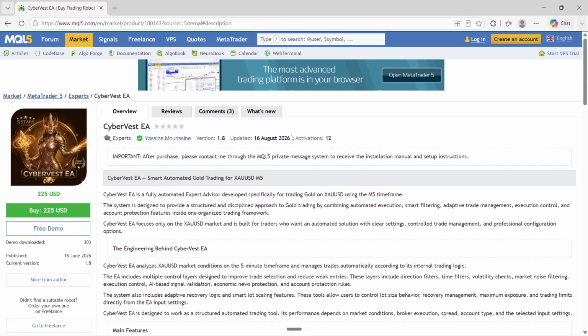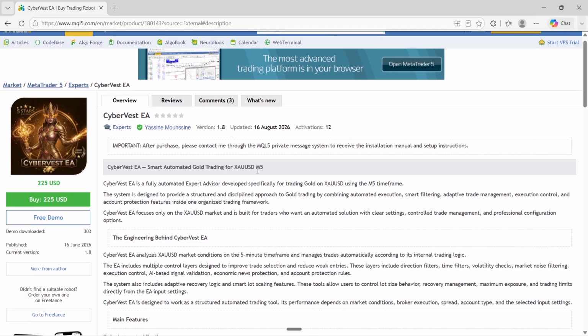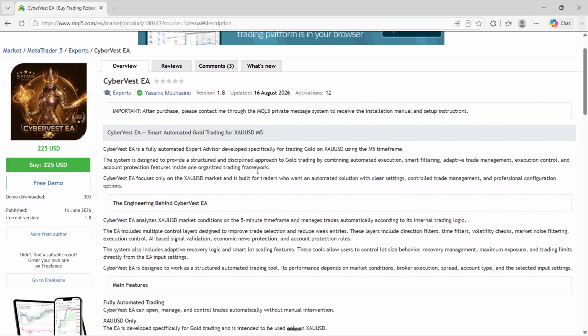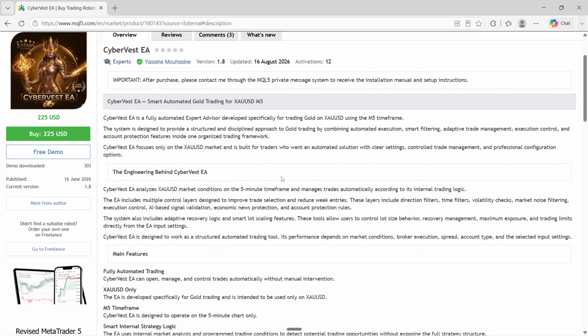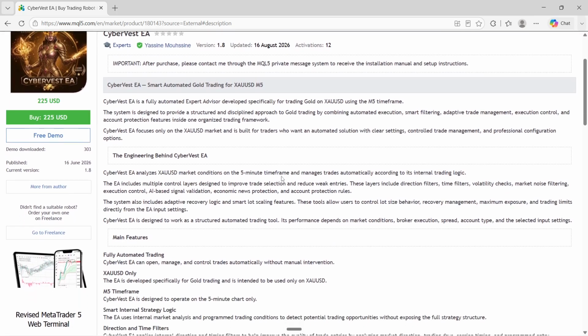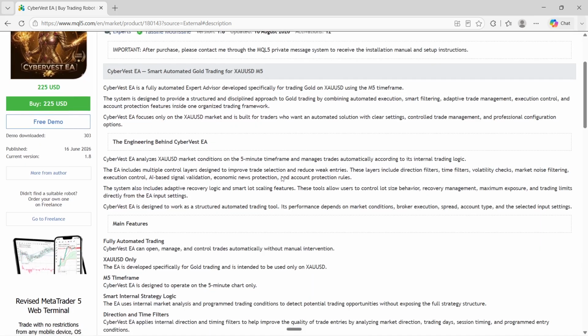It's designed as a structured trading framework that combines automated execution, smart filtering, adaptive trade management, execution control, and account protection features. The system includes direction and time filters, volatility checks, market noise filtering, an AI-based signal validation layer, economic news protection, and execution/slippage controls.